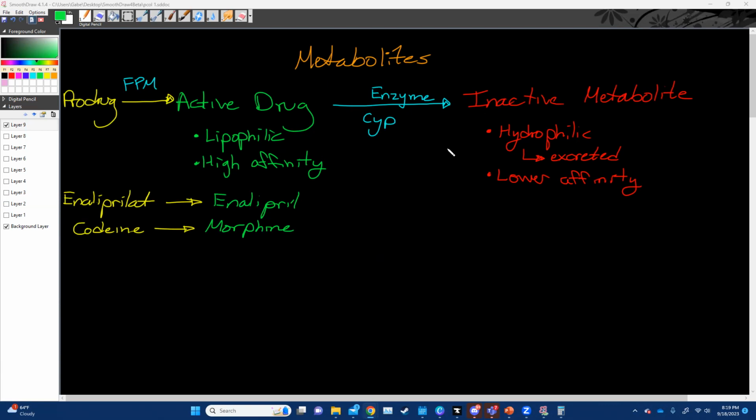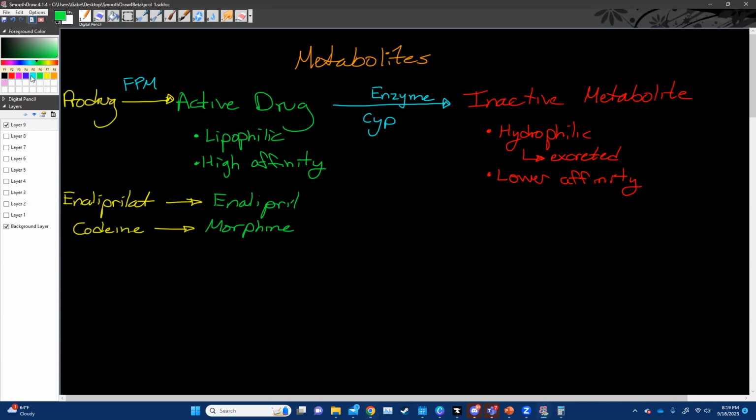So the enzymes that cover the active drug becoming an inactive metabolite are the same enzymes that usually metabolize prodrugs into their active drugs. Maybe this is handled by CYP3A4 and this is CYP2D6, but for the most part, we're talking about the same collection of enzymes.